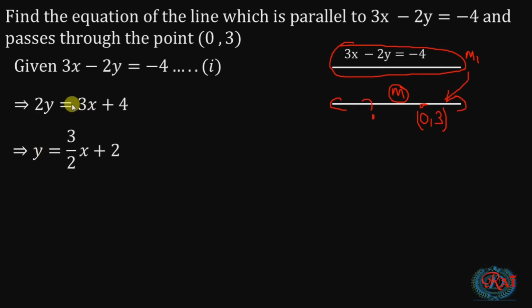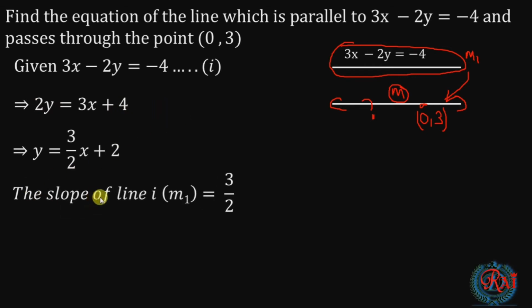Y is equal to 3 divided by 2 x plus 2, since 2 ones are 2, 2 twos are 4. So the slope of line 1, let's represent it by m1, is equal to 3 by 2. Now the slope of this line is also equal to 3 by 2.